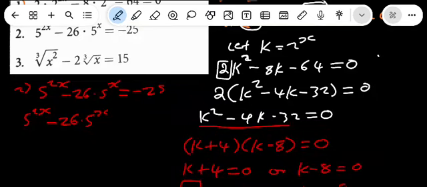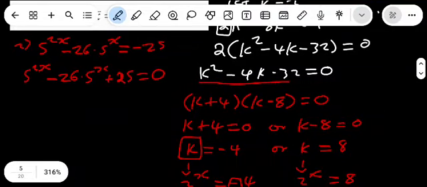You can add 25 to both sides, or you transpose, so this will be plus 25 equal to 0 there.